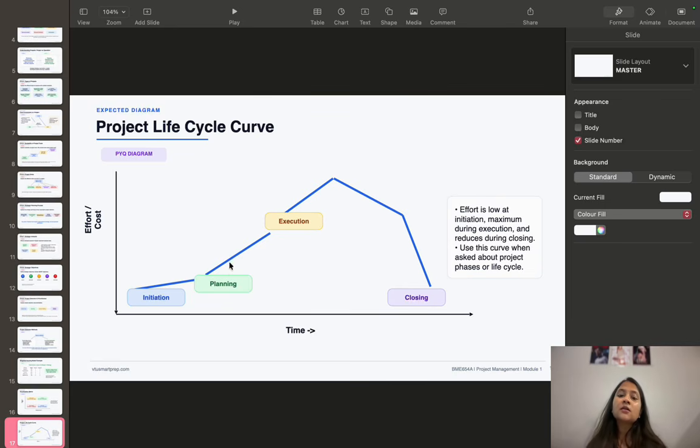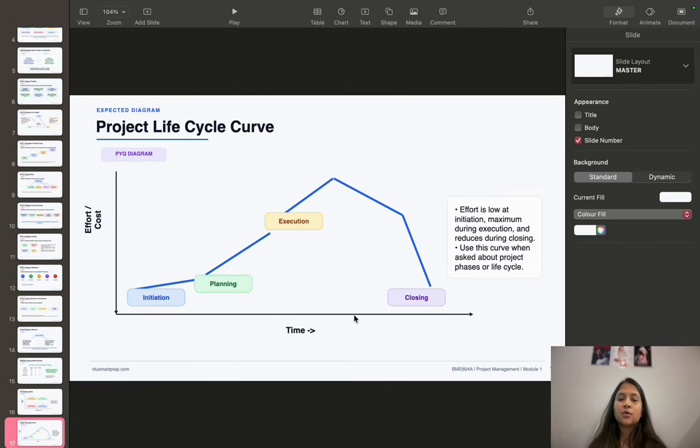In the execution phase, effort and cost are maximum because actual work is being performed. In the closing phase, effort reduces because the project is about to complete, be handed over and closed. That is how you can draw the curve when the question is asked about project phases or the project life cycle.